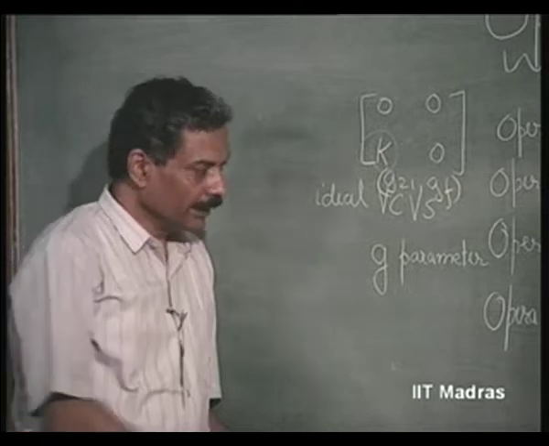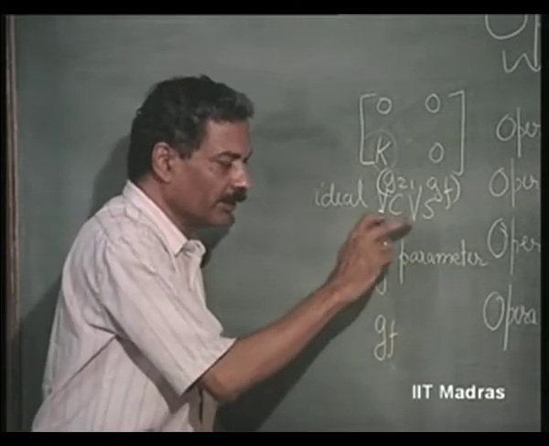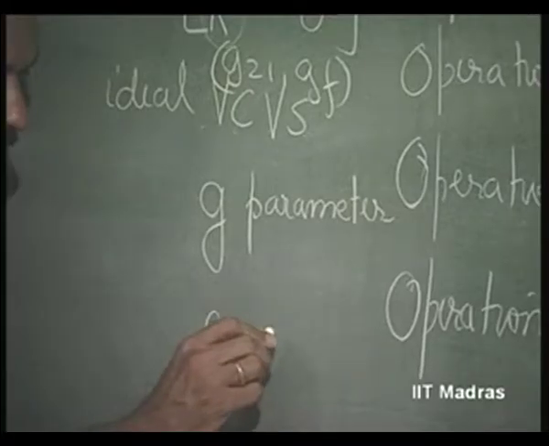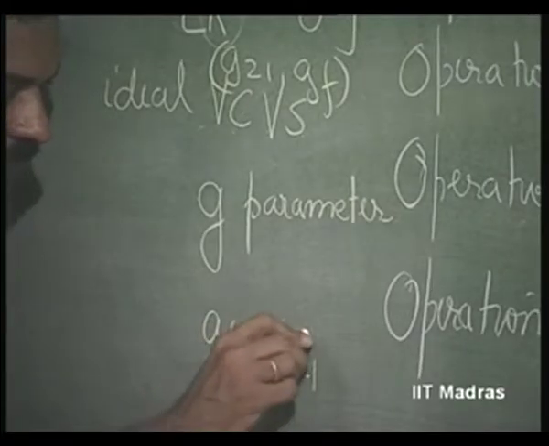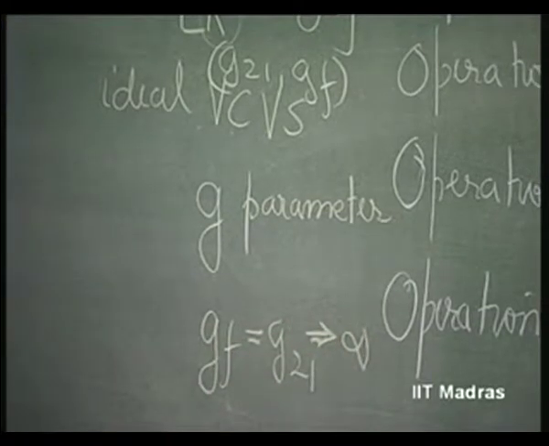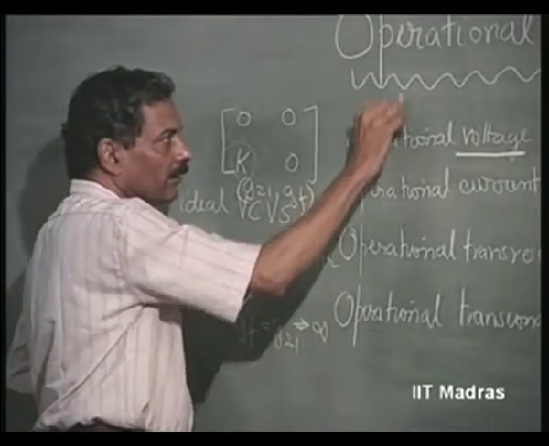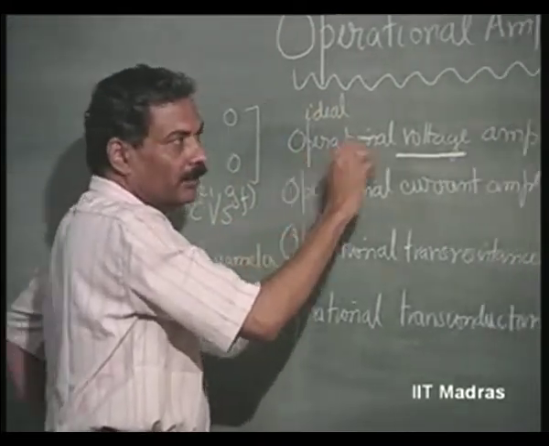So, in the case of ideal voltage controlled voltage source, if Gf, which is actually G21, tends to infinity, okay, then it becomes an ideal operational voltage amplifier.